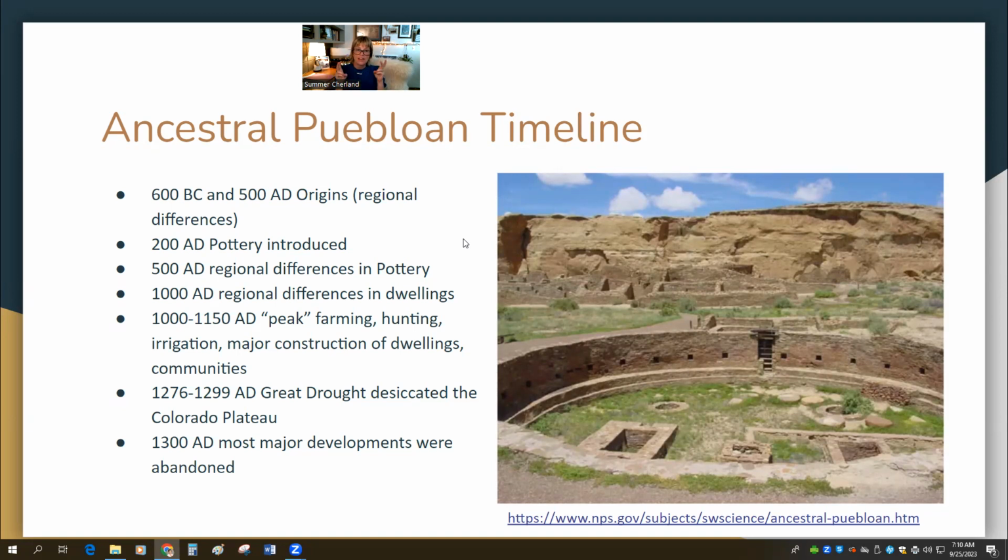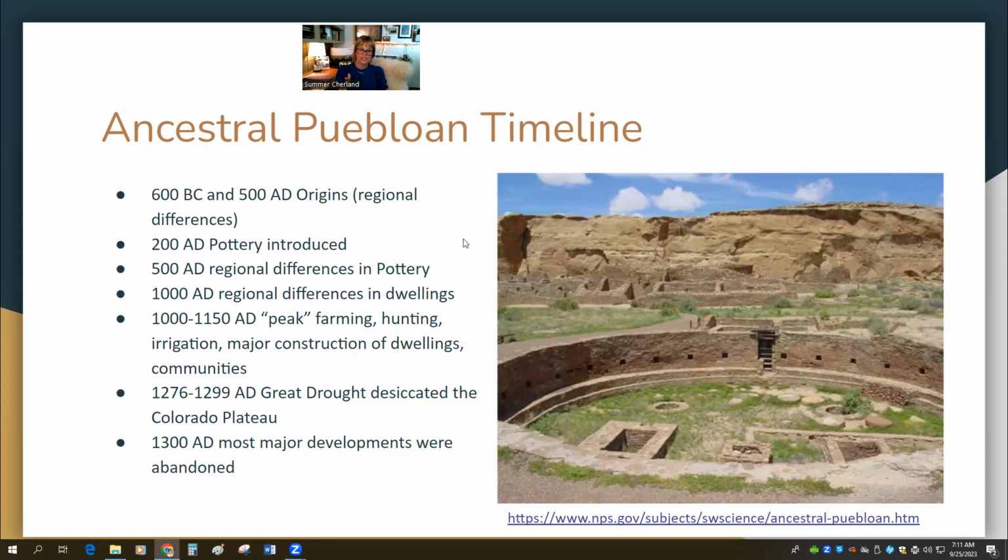We would call the peak of the ancestral Pueblo between 1000 and the year 1150. This is when they were at their highest in terms of population. They were conducting the most farming, hunting, irrigation, major construction projects, and we believe their communities were most powerful. But then things change.